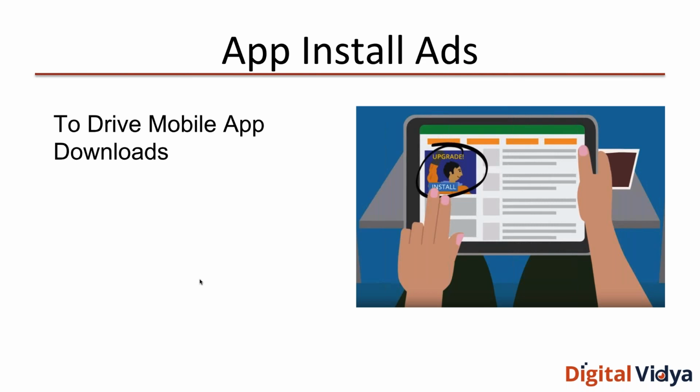Or you can use the app downloads, where these are the kind of images you will be seeing from my side. When you're on your tablet or a mobile device and you are looking up a website, you might see ads there prompting you to click on it to install that mobile app.